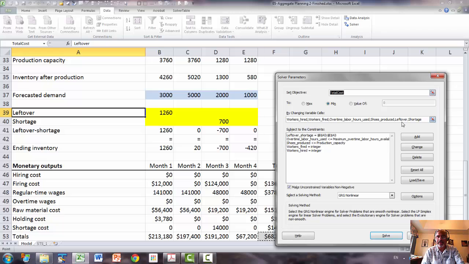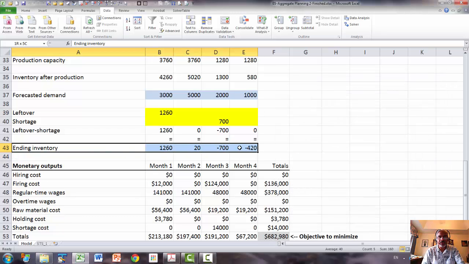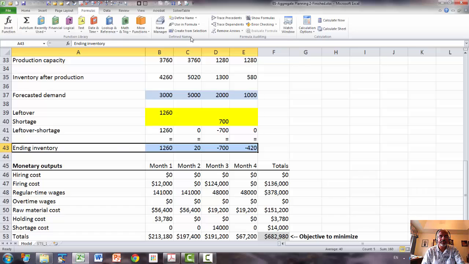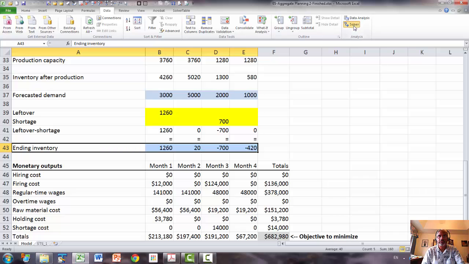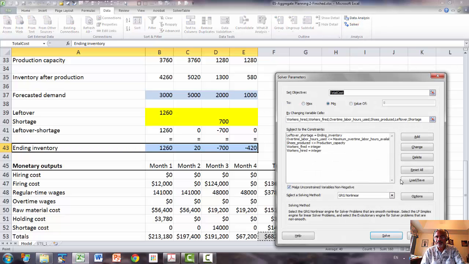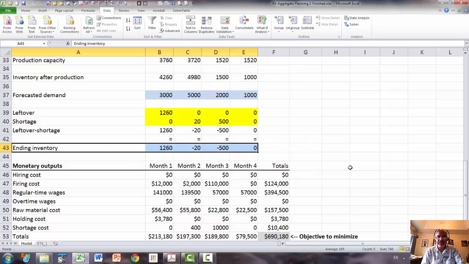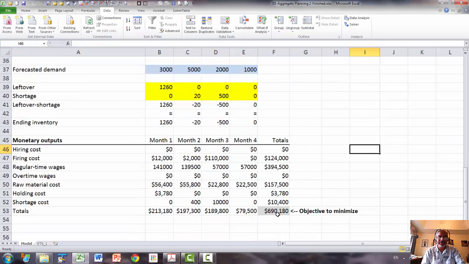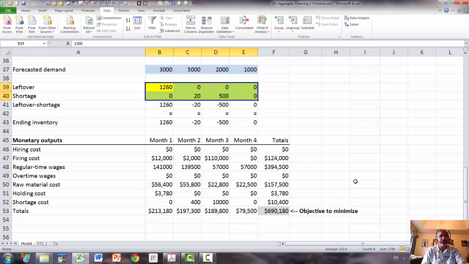We did not have a range name for ending inventory, so let's give a range name for ending inventory. Okay, and now we can change that to Simplex LP. Then that will give us the best solution, which is 690,180. So here we have the leftover and shortages.